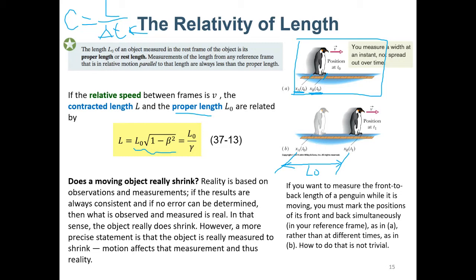However, if the ruler is put stationary, then we'll find that at T0, we measure the back of the penguin, and at T1, we measure the front of the penguin.